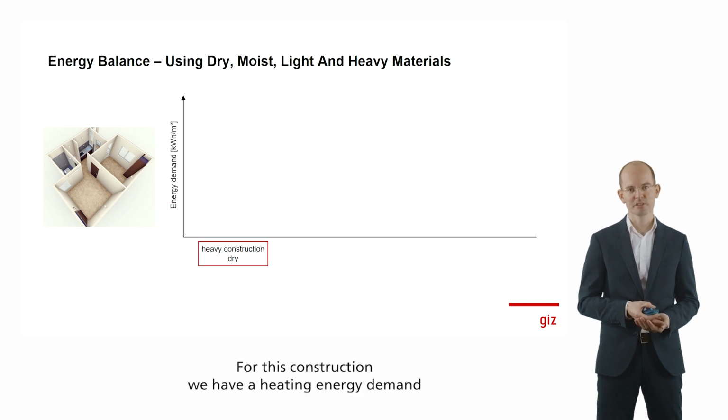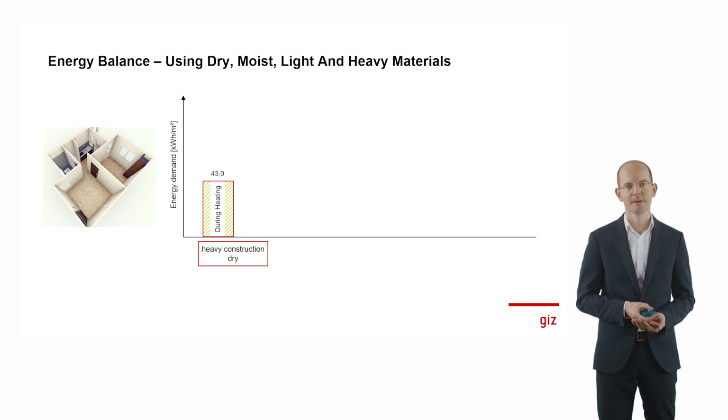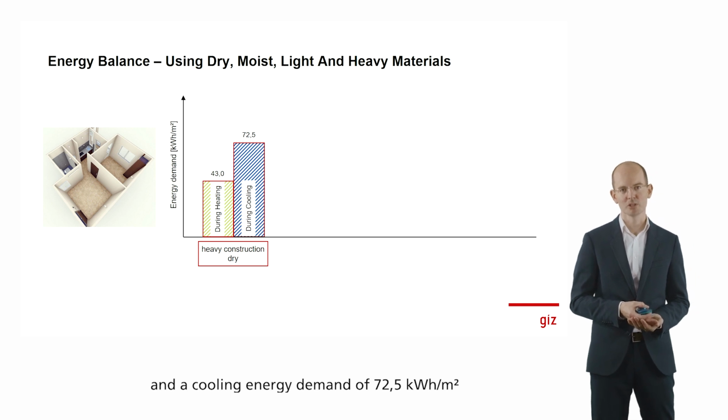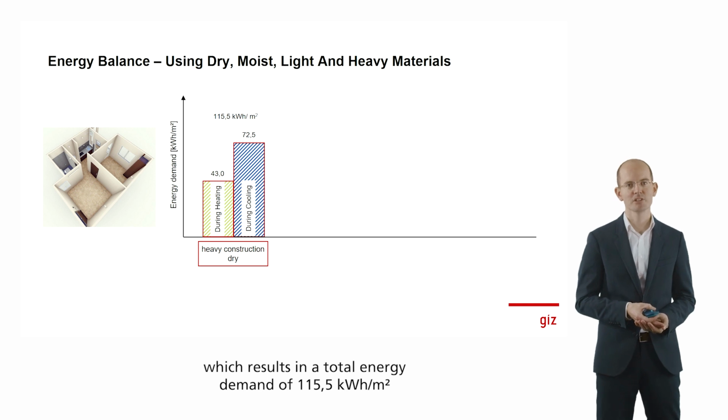For this construction, we have a heating energy demand of 43 kWh per square meter and a cooling energy demand of 72.5 kWh per square meter, which results in a total energy demand of 115.5 kWh per square meter.